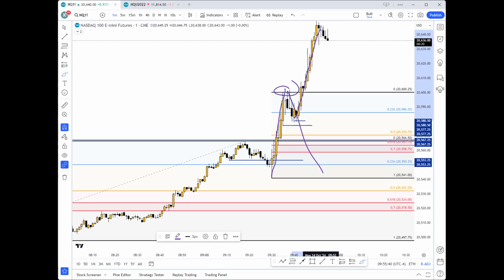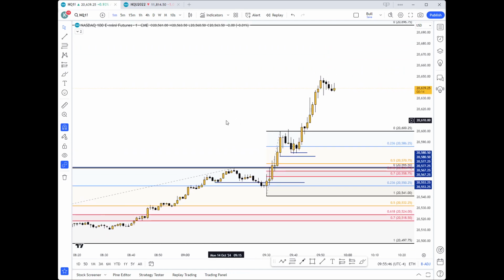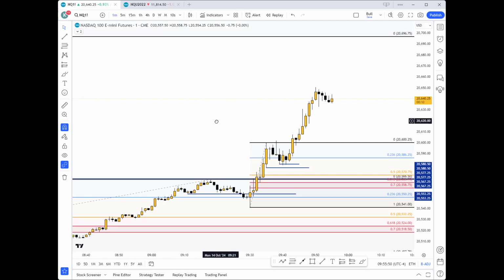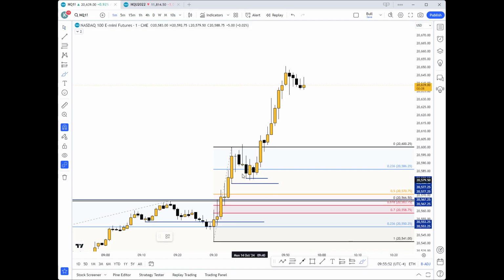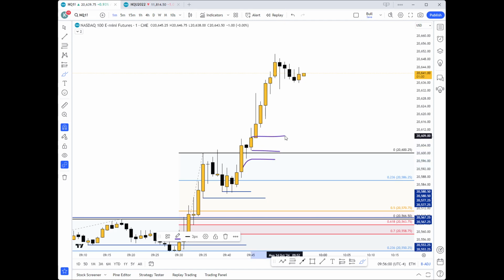Likewise, there's no structure on this move. Which makes getting involved beautiful, because now holding a position is great. You've got this low, that low, that low, that low, that low, that low, and you're finally taken out here.